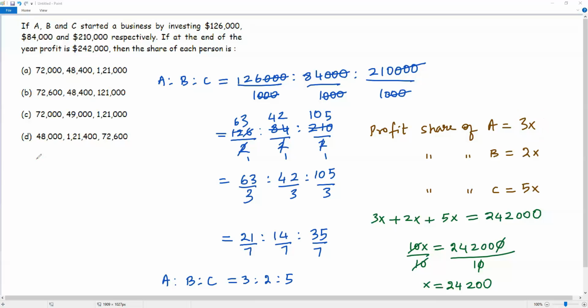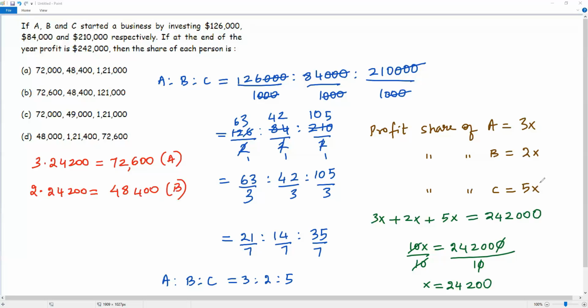So 3 times 24,200 is equal to 72,600. This is the profit share of A. To get the profit share of B, I multiply 24,200 by 2, which gives me 48,400. This is the profit share of B.